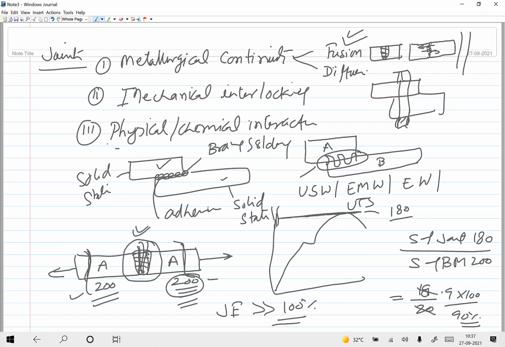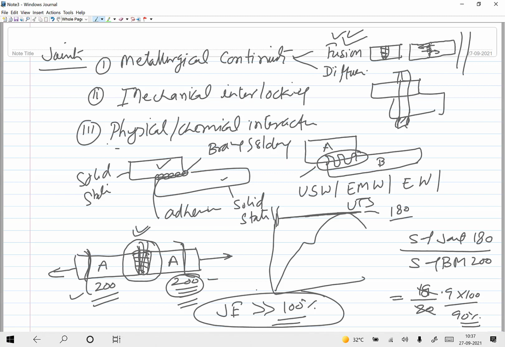So the point here is that metallurgical continuity realized through diffusion bonding usually gives us a strength greater than the base metal strength. So joint efficiency is greater than 100%. Our welds are most of the time stronger.